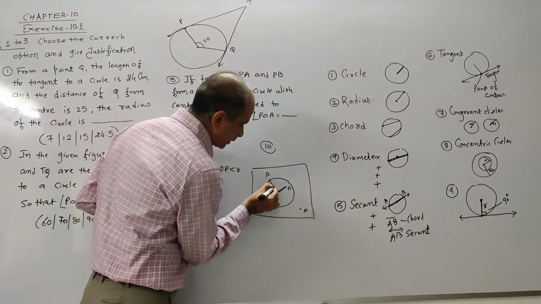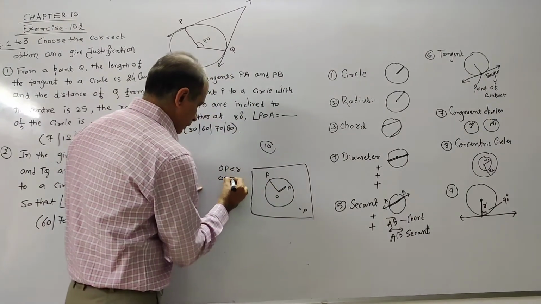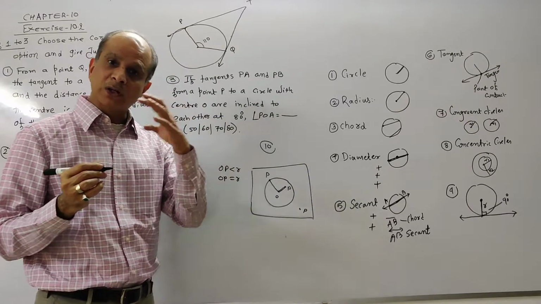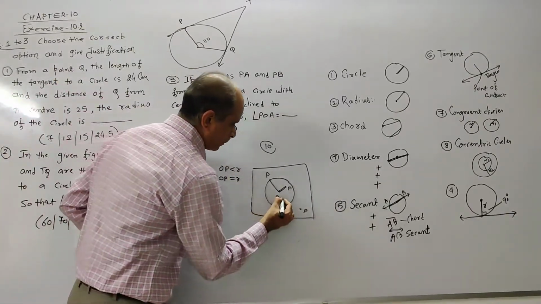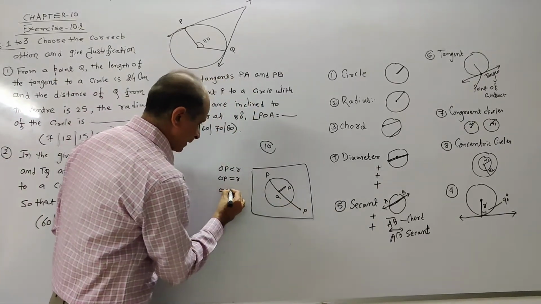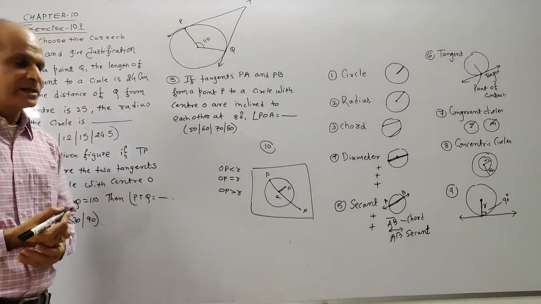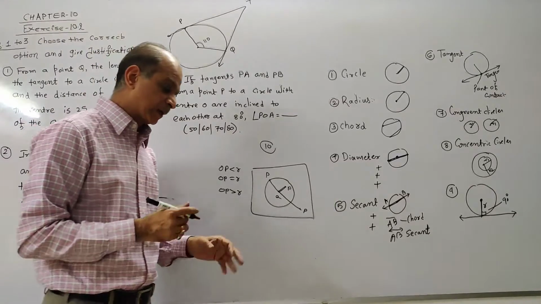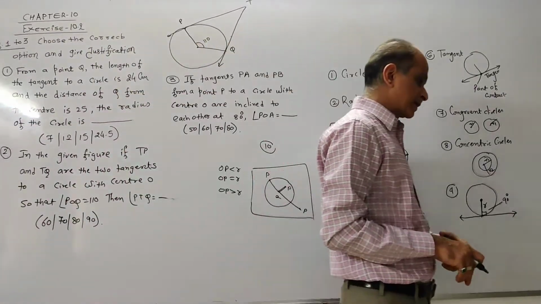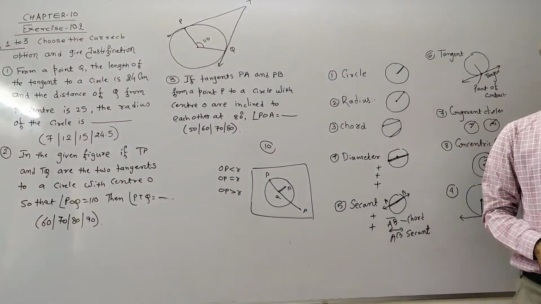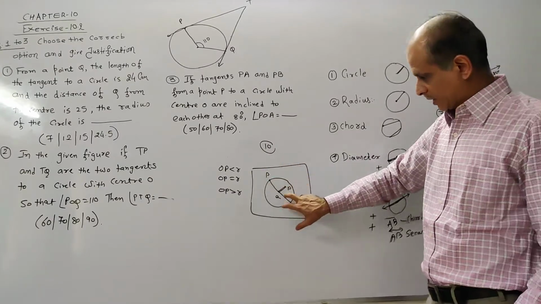If OP is equal to R, then P is a point on the circle. And if OP is greater than R, then we can say that point P is in the exterior part of the circle. So the 10th point was partition of the plane of a circle by the circle.